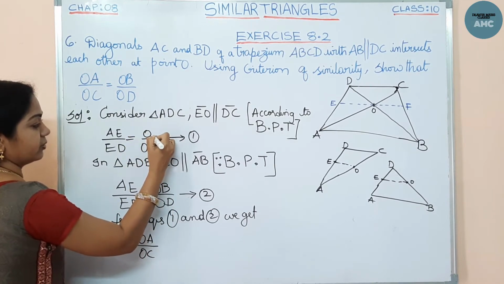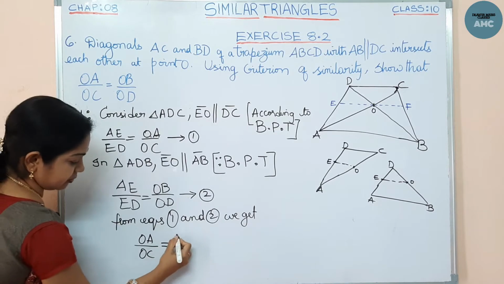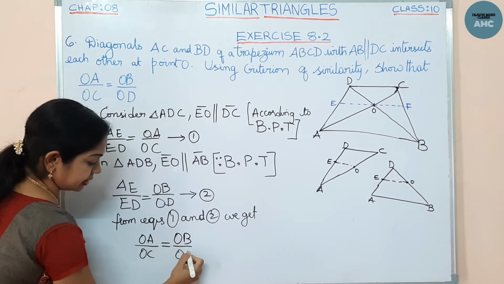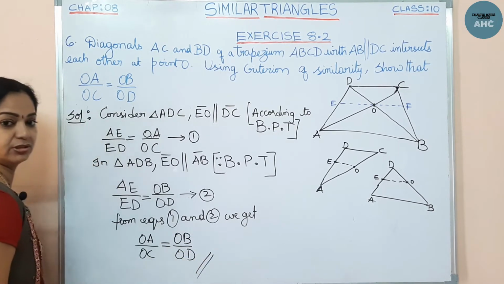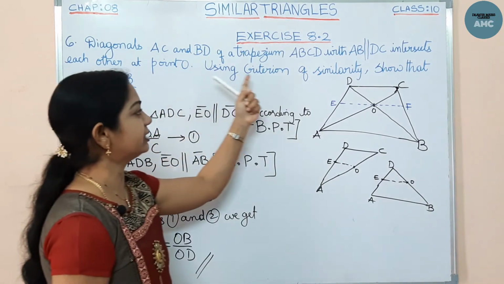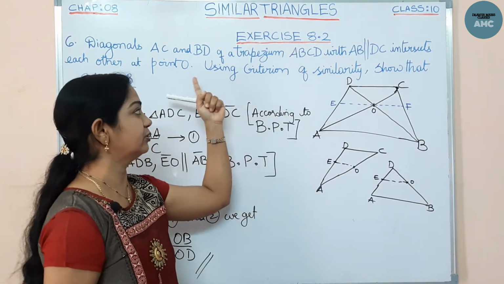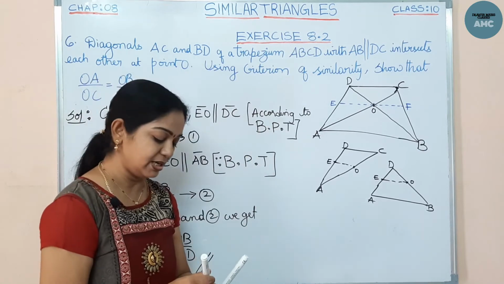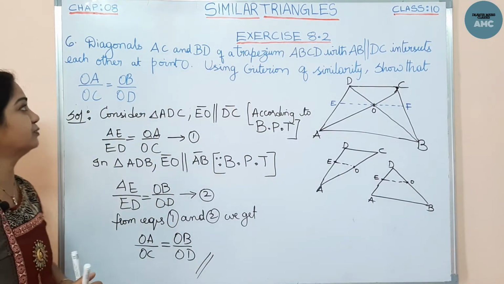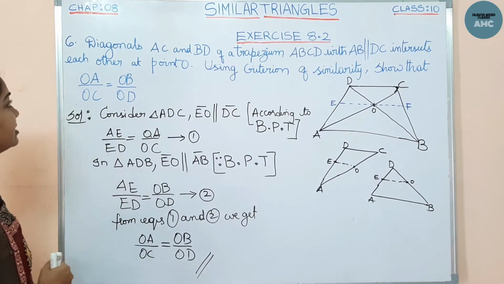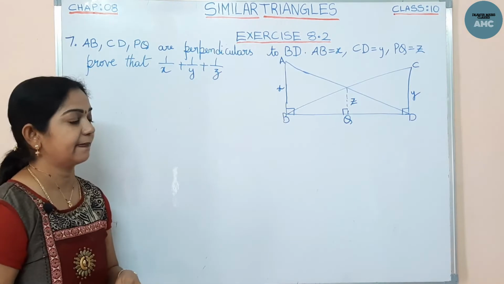Let us write OA also here, which is equal to OB by OD. Hence proved. So we were using the criterion of similarity. Here given, use the criterion of similarity and show that these are equal. So hence proved. Quickly pause the video and note it down. Let's see the next problem.